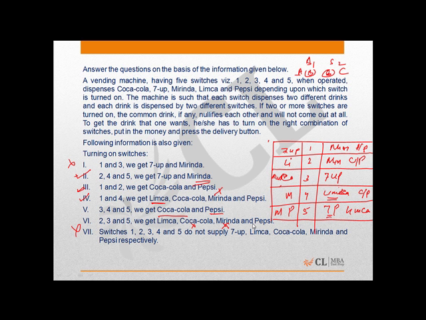Now we are left with Pepsi and Limca, as Limca is dispensed by 5 and the drink which gets nullified is 7 Up. Therefore, the second drink which is dispensed by switch 3 is Pepsi.